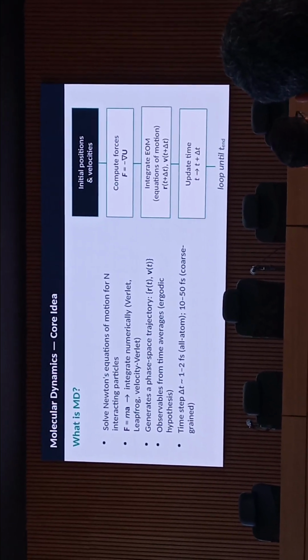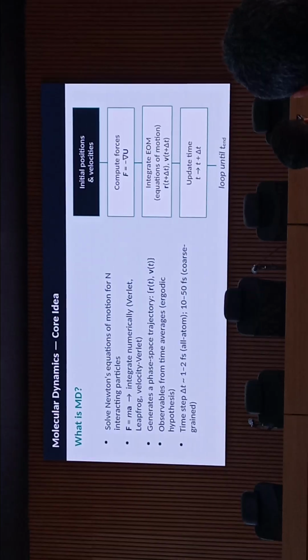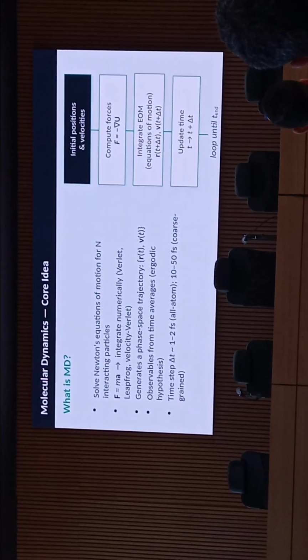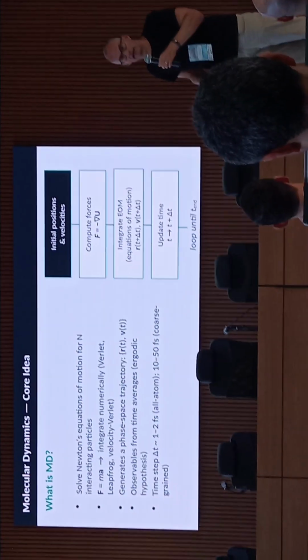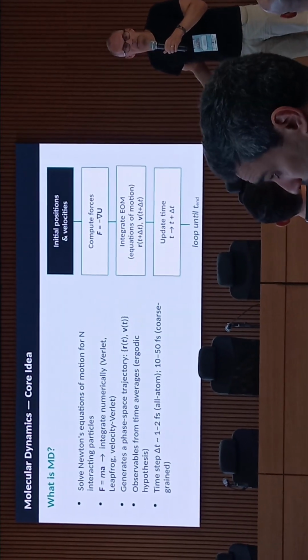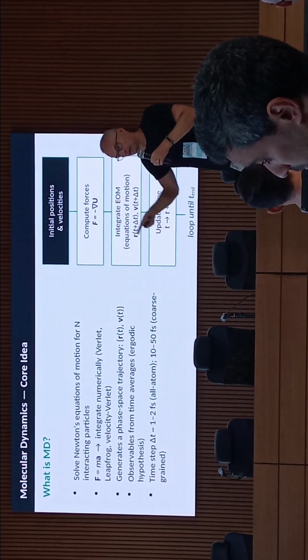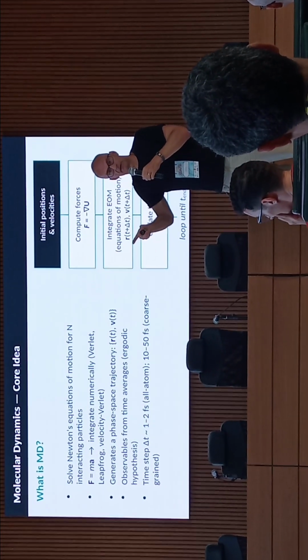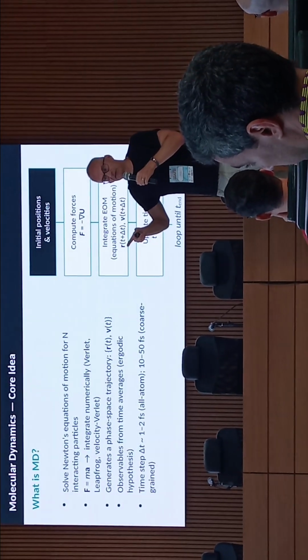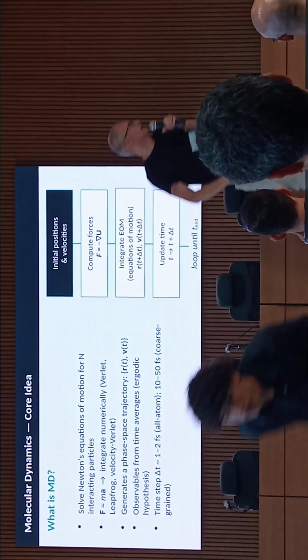Maybe you have tried this in one of your undergrad courses, with a simple scheme one calls the Euler time step scheme, and it fails. I don't know whether you've tried to predict the motion of the Earth around the Sun, and you do it with this simple scheme, and after half an orbit you're off. So that's why you have to work a bit harder.